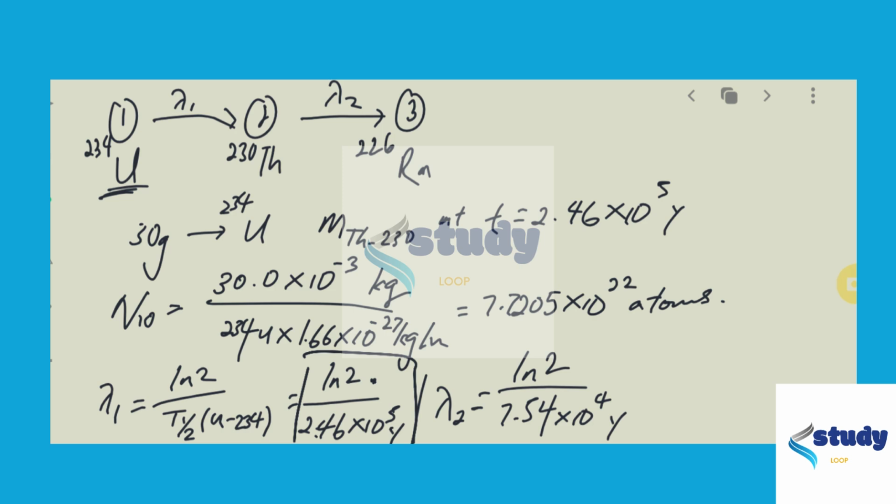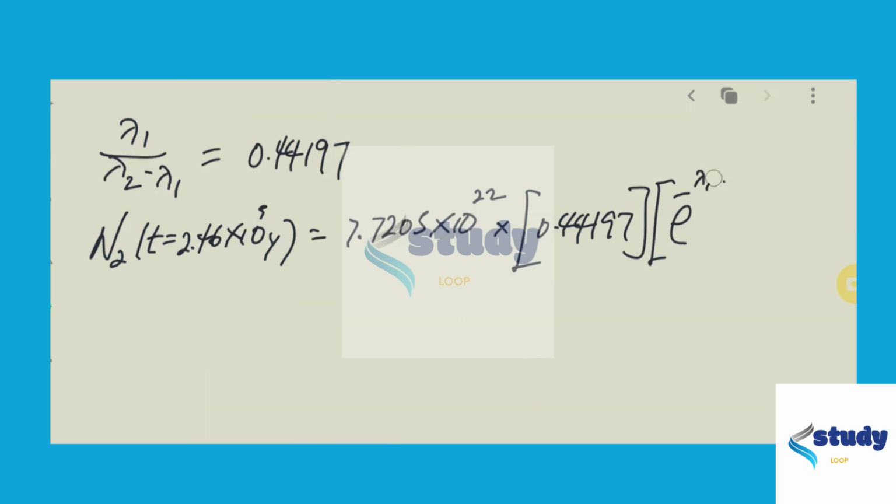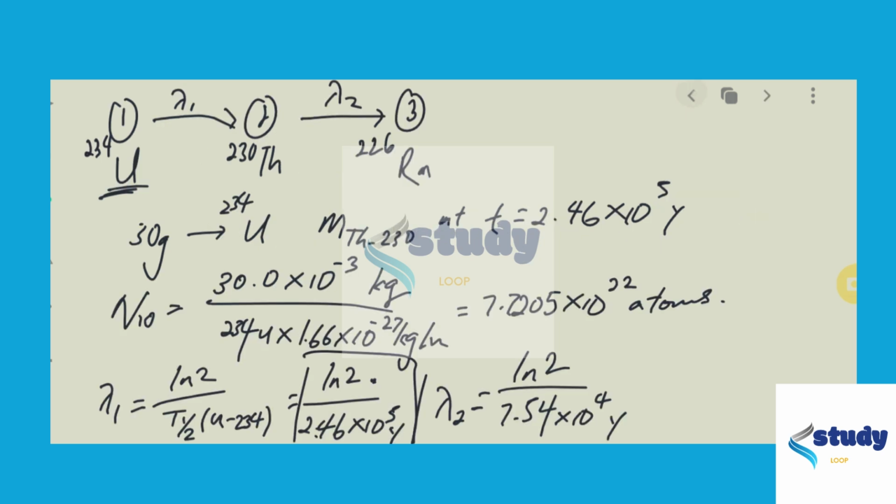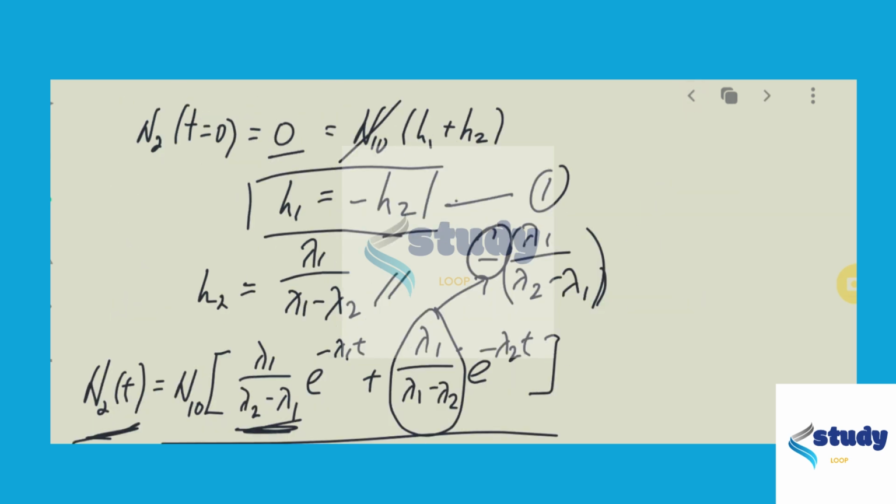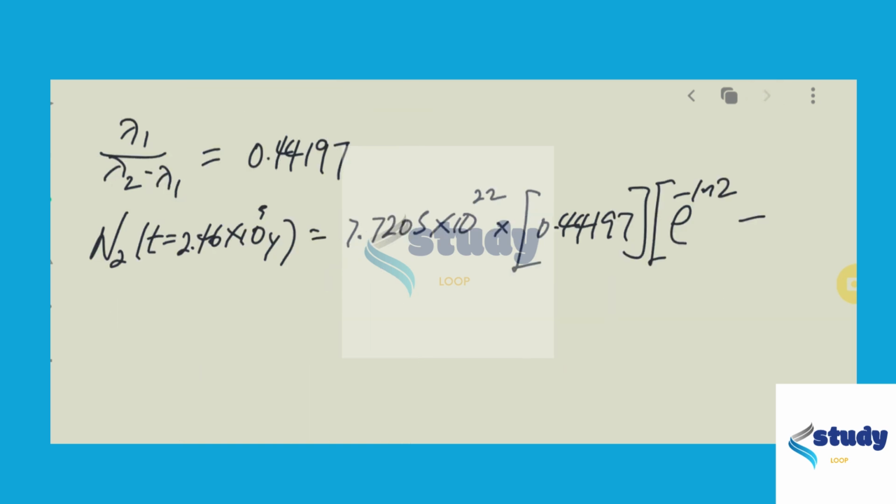So this multiplied by 2.46 times 10 to the power 5, we can cancel out, we are just left with ln 2. So this is actually just negative of ln 2, minus, because of this minus sign over here, minus exponential.